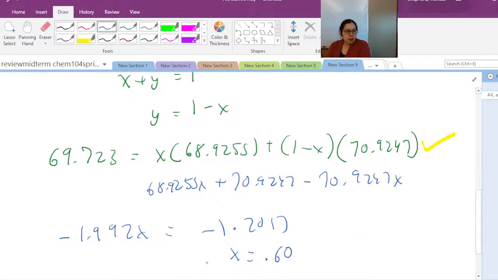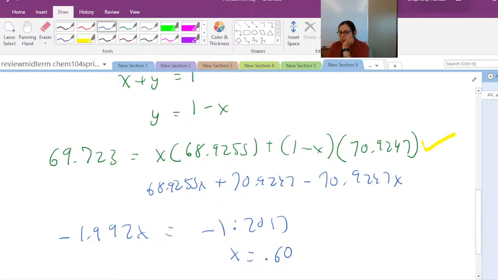So do we get that X is 0.6 after doing the algebra? Again, I just wrote it out now. Just distribute everything, and then you have to subtract. Moving 70 over gives us negative 1.2017. Move the X's to the other side, so again, subtract.